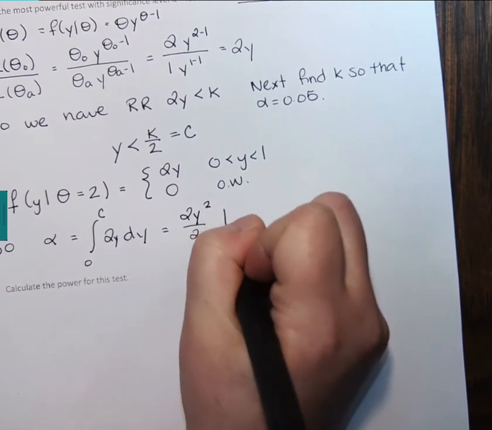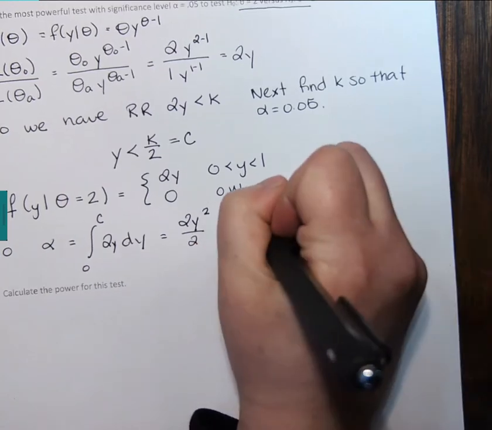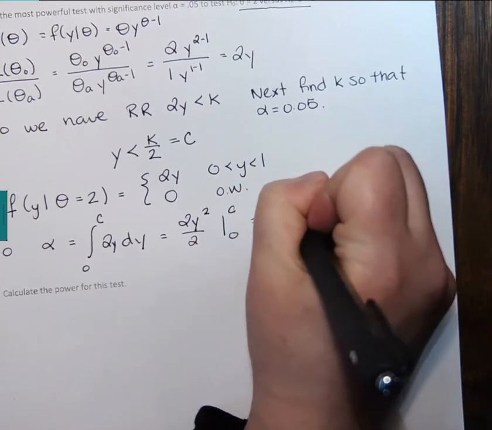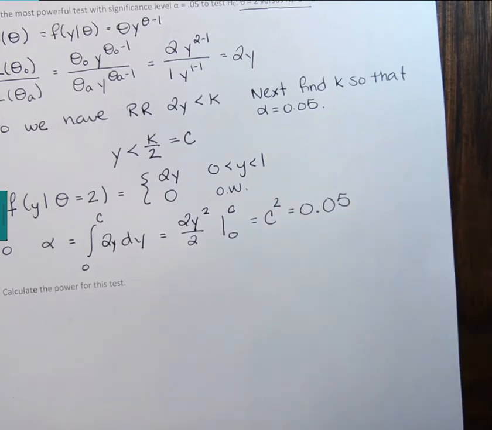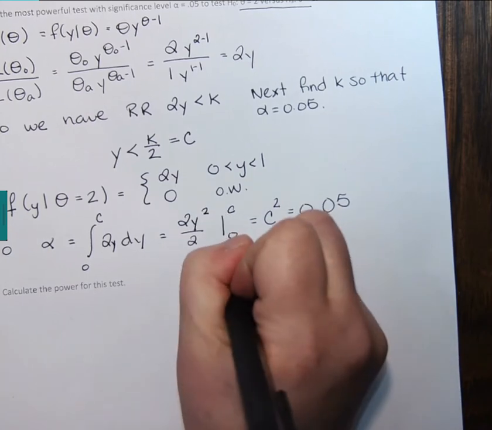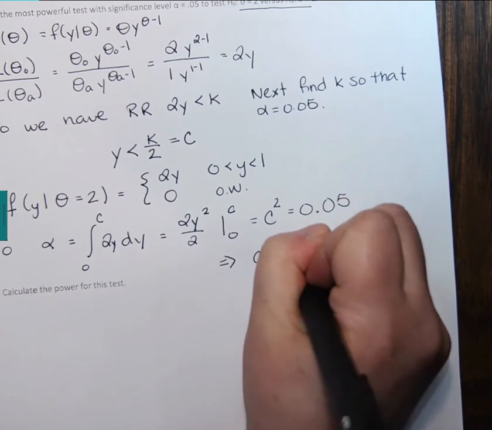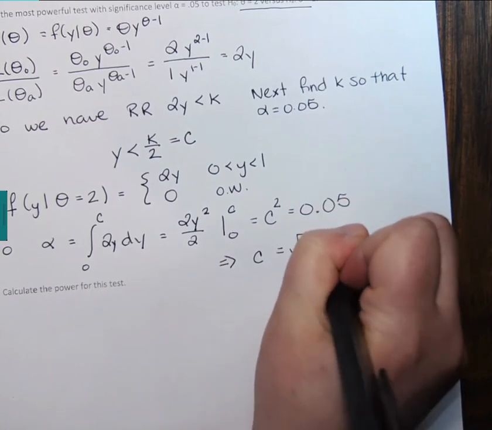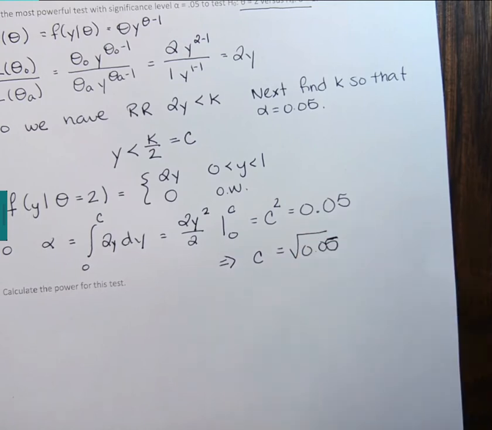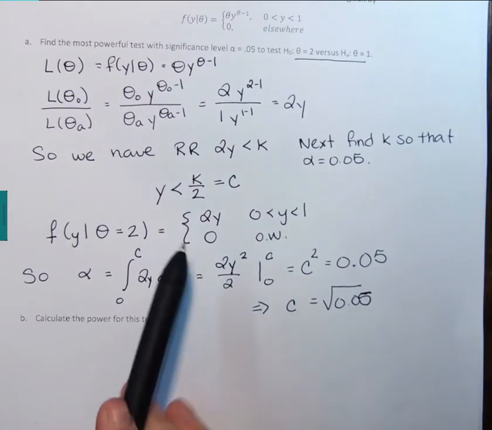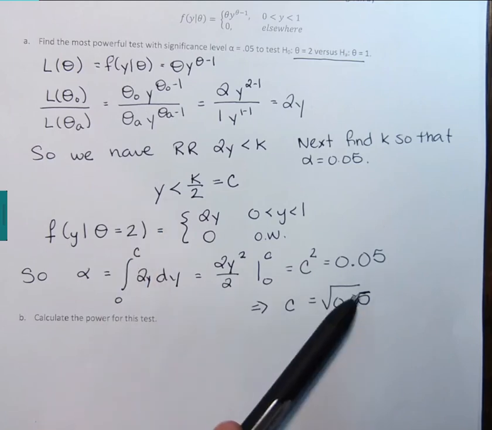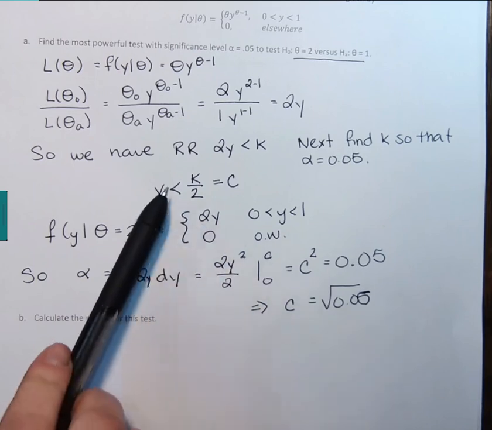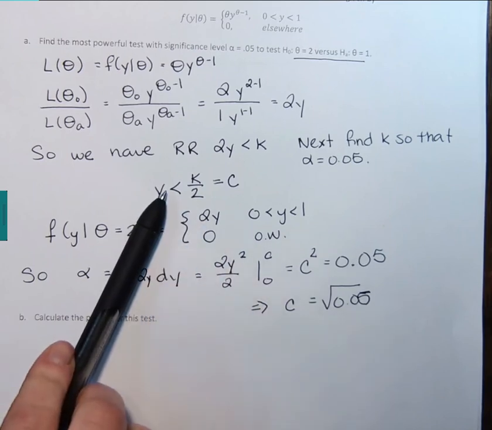So integrating that, we find that c squared needs to be equal to 0.05. So therefore, c is going to be equal to the square root of 0.05. So anytime that we get our sample y less than the square root of 0.05, then we know that we need to reject.